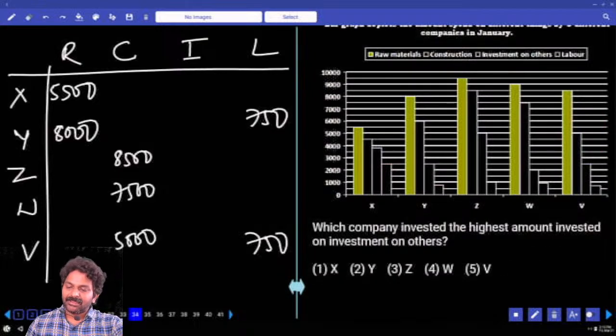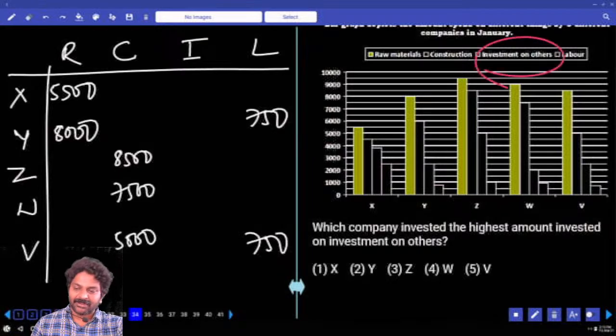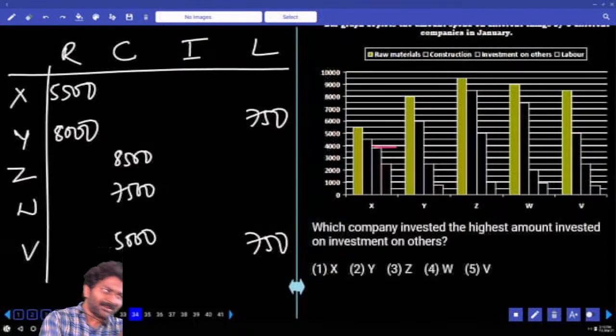Which company invested the highest amount on investment on others? Investment on others, last but one. Correct? So last but one, which one should be the highest? First number, you don't have to write numbers. First number is 4,000.